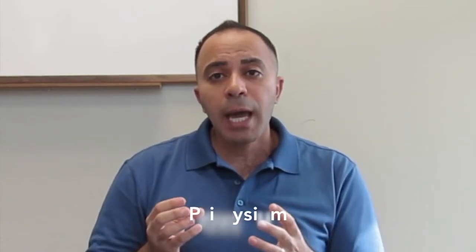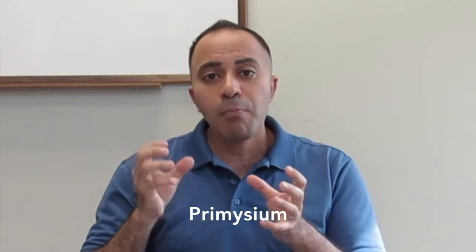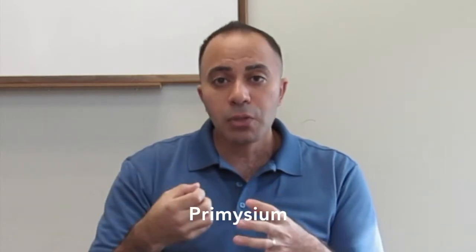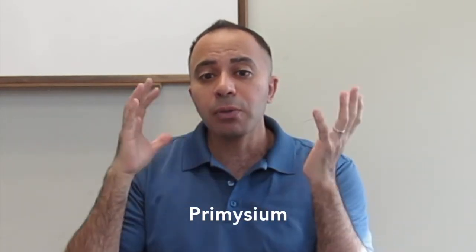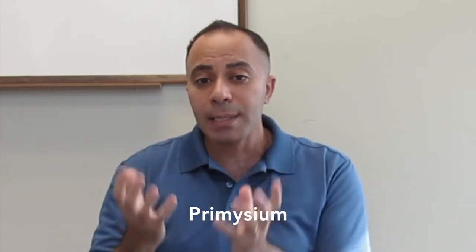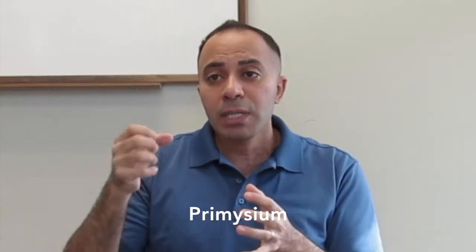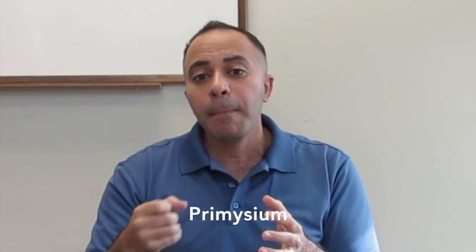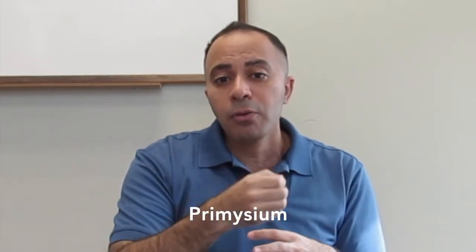Fascia is actually a layer that bundles inside the muscle. So the muscle is surrounded by one layer called the epimysium, and inside that muscle there are bundles of fibers surrounded by the perimysium layer.